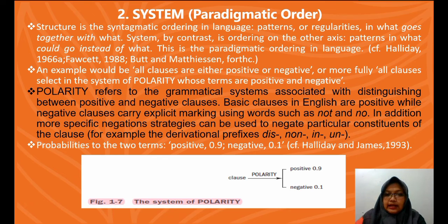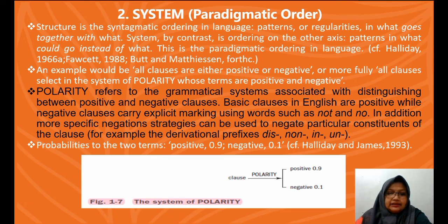Basic clauses in English are positive, while negative clauses carry explicit marking using words such as not and no. In addition, more specific negation strategies can be used to negate particular constituents of the clause, for example the derivational prefixes dis, non, in, un, or an.